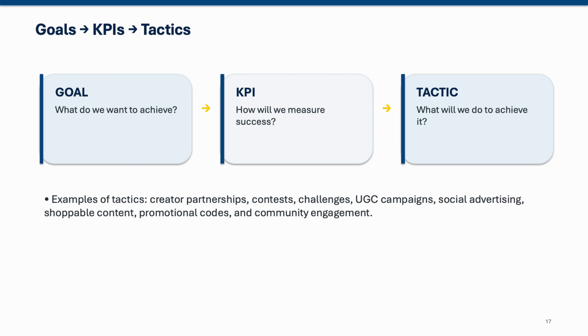Depending on the goal, tactics could include creator partnerships, contests, challenges, user generated content campaigns, social advertising, shoppable content, promotional codes, or community engagement. The tactic should always have a reason for being there.